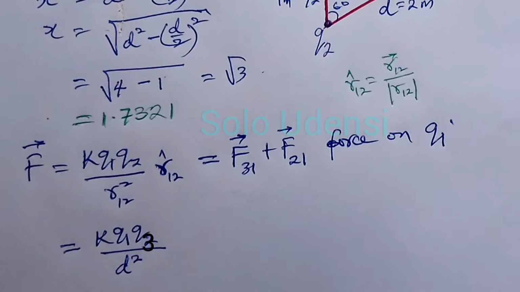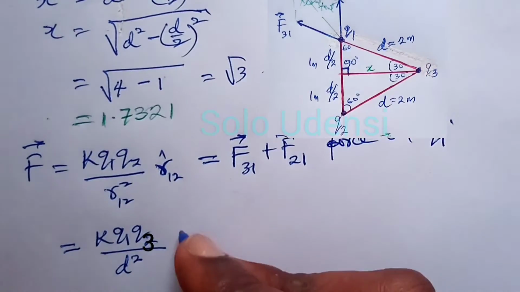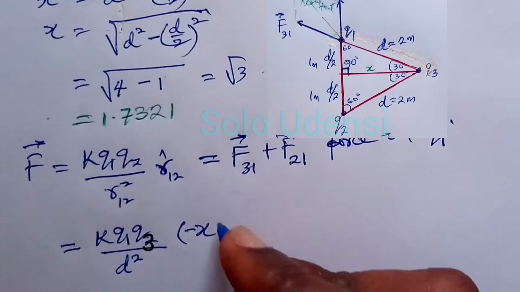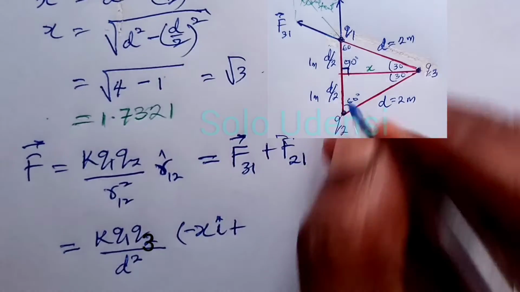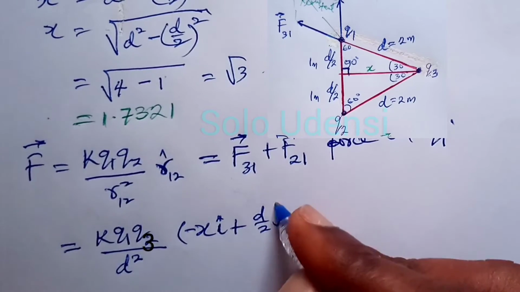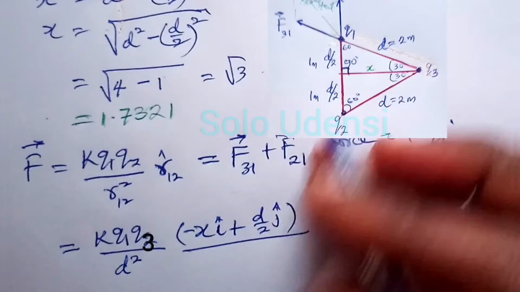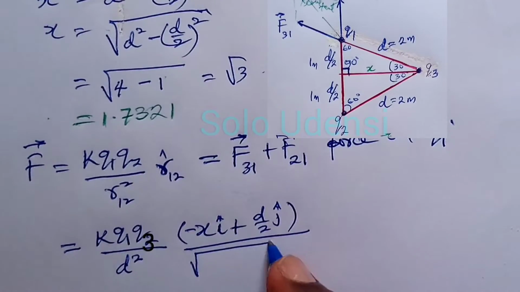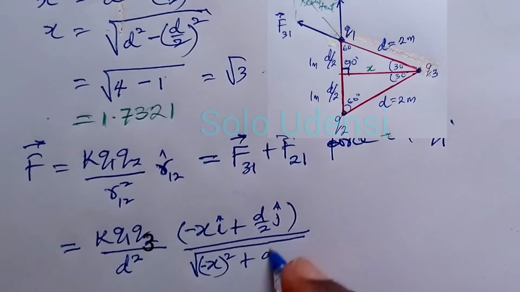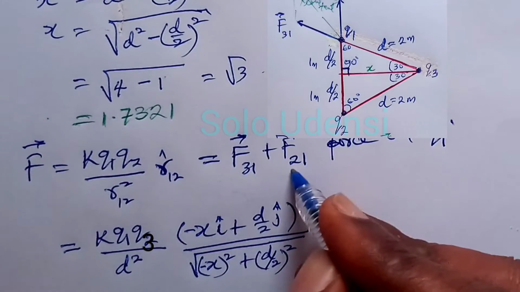So the unit vector will be, from here going this way is negative, minus x i hat, plus from here going up is positive, d over 2 j hat, all over the magnitude of this vector, which is the square root of minus x squared plus d over 2 squared.